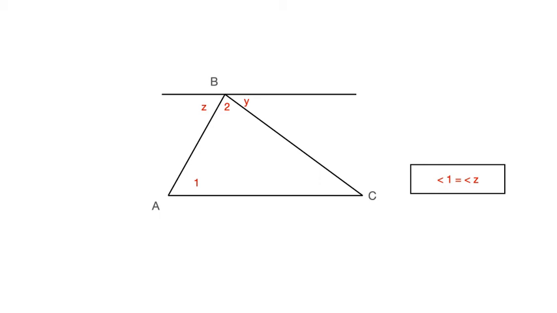Let's put that equality in a little black box. And let's go back and think about angle 3. First, we note that we can add angle Z to angle 2.